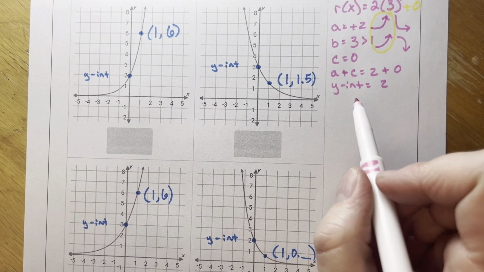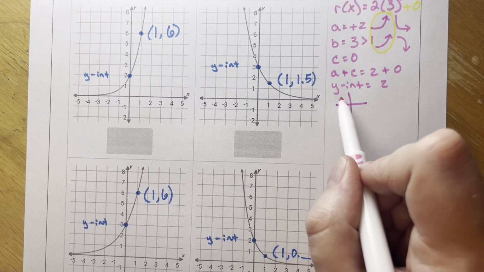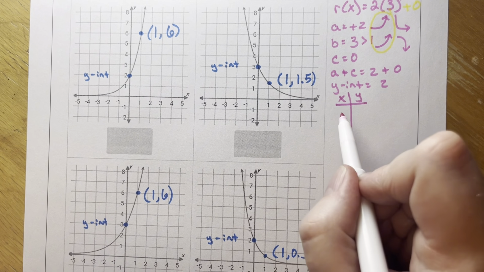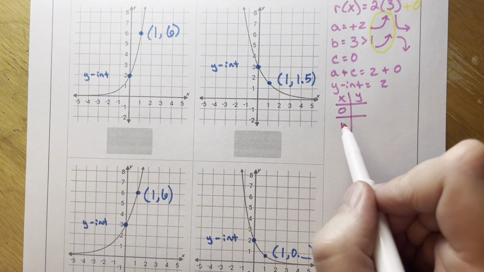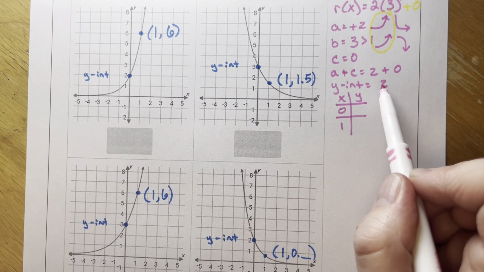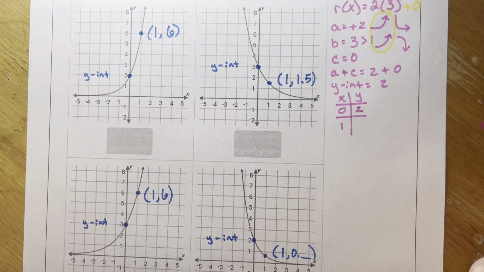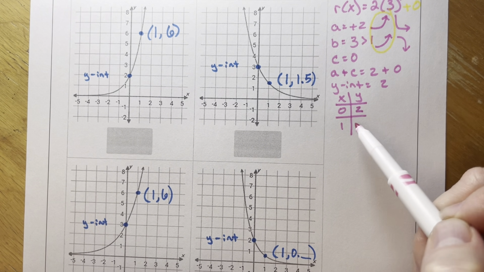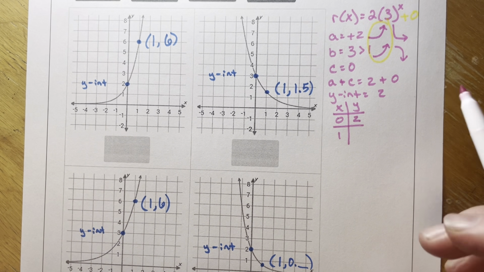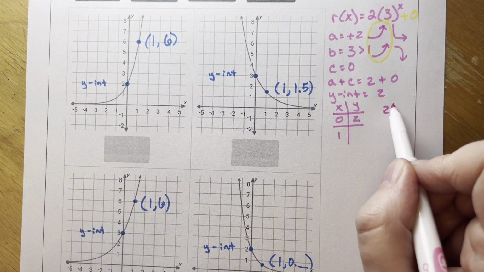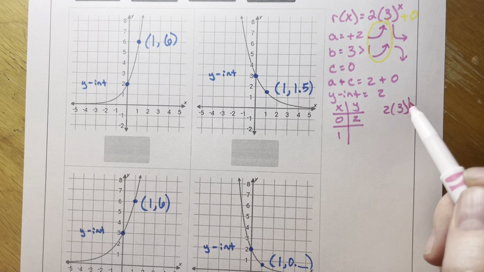Let's verify that with a quick little t-table where we look at our y-intercept and an x equaling 1. We saw our y-intercept has a value of 2. Let's plug in a 1 for the x. So 2 times 3 to the first power.